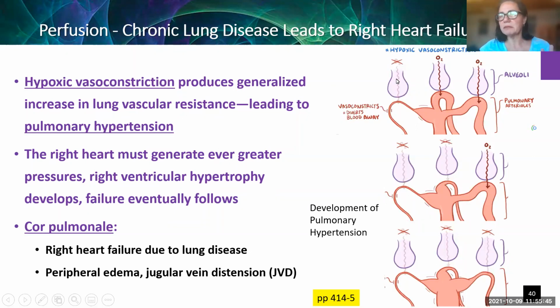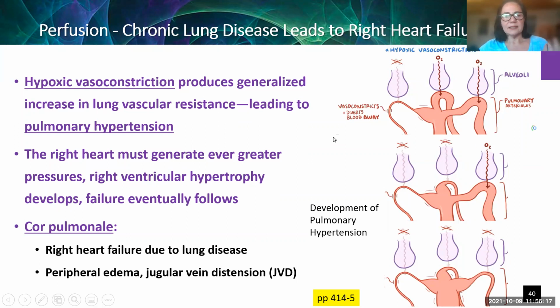Maybe for some reason we've got some regional hypoxia, and what's supposed to happen happens. If we have less ventilation happening here, then the arterioles that service this alveolus or other alveoli like it kind of close down or increase the pressure. And so less blood goes through them and more blood goes through these other arterioles.